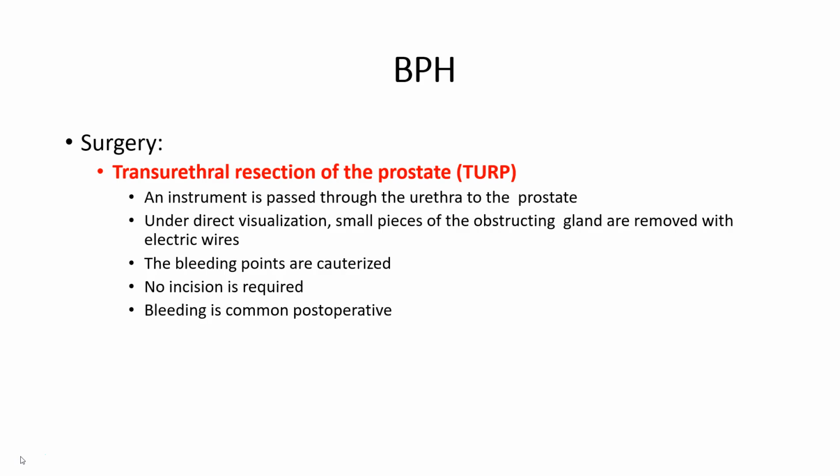Okay, it's an instrument passed through the urethra to the prostate. So the patient is anesthetized, and the surgery is performed. The resectoscope, that's what they call it, is inserted into the urethra, and the prostate gland is kind of chipped away, little piece at a time.